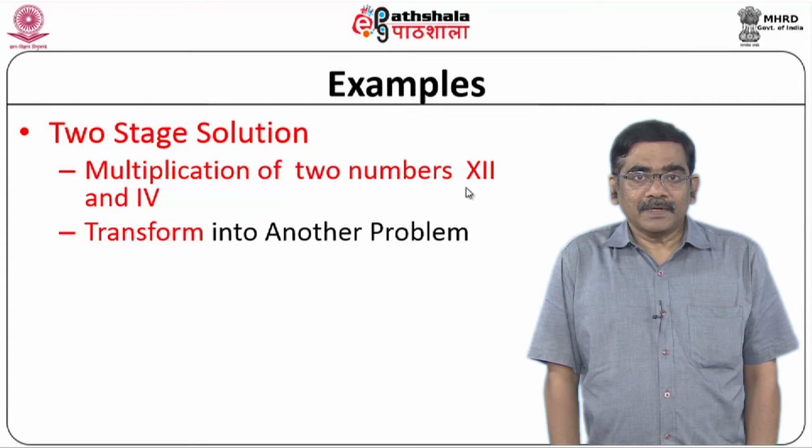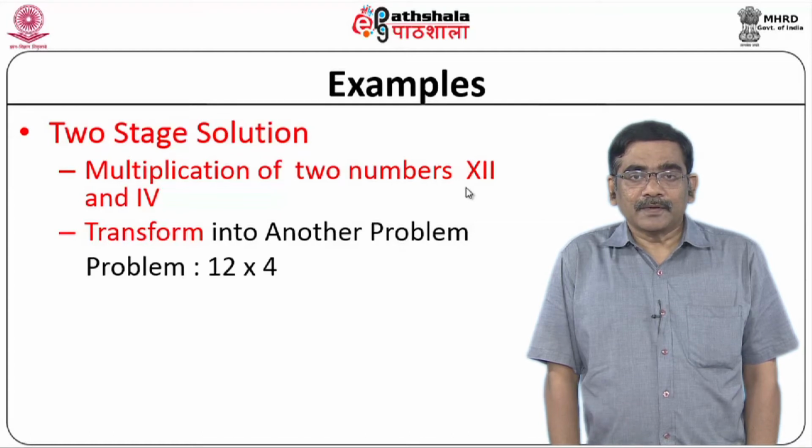So, we can convert this problem into another domain which is very convenient for us, that is in the Arabic system. So, we can convert these numbers as 12 into 4. So, now this problem is very much familiar for us because we are very much comfortable with the Arabic system of numbers.